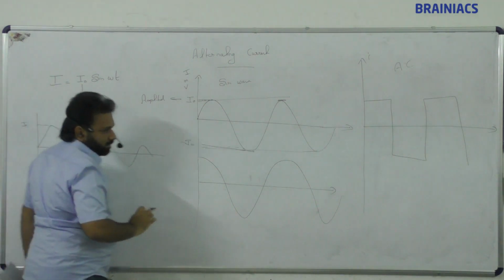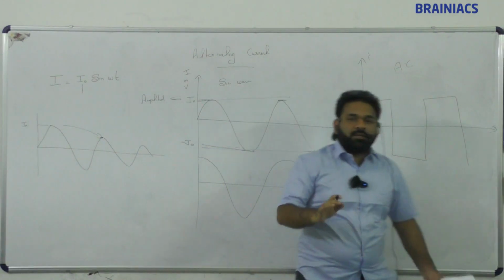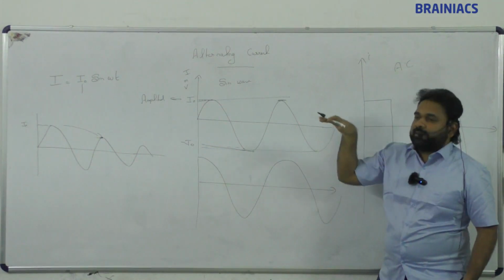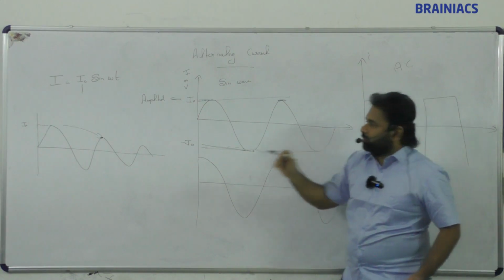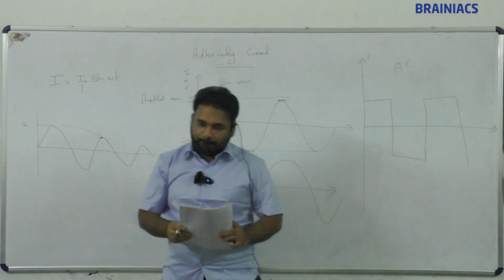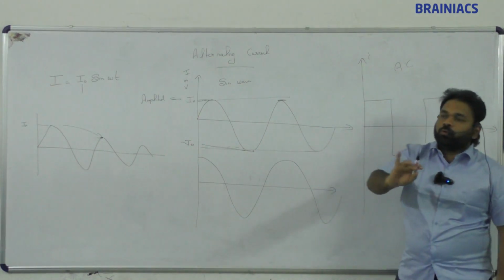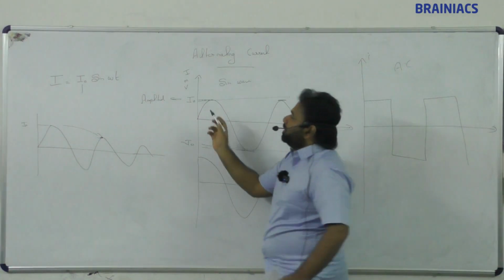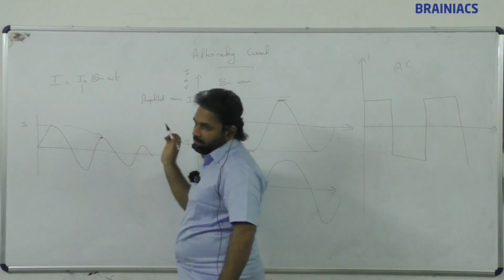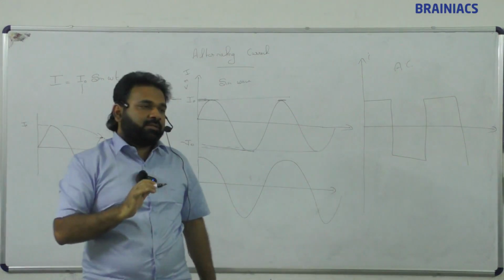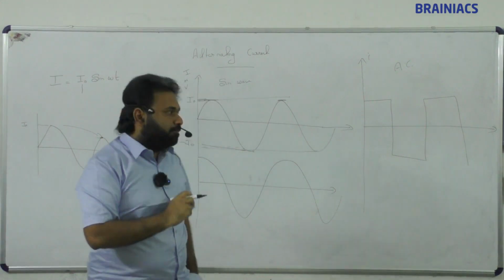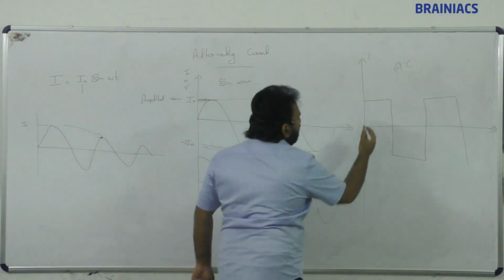Changing the direction, that is good, but it is not able to maintain the same amplitude. So this is not AC. Clear? Those who do not know, you should understand that the maximum value of the signal is called amplitude. This is also called peak value.